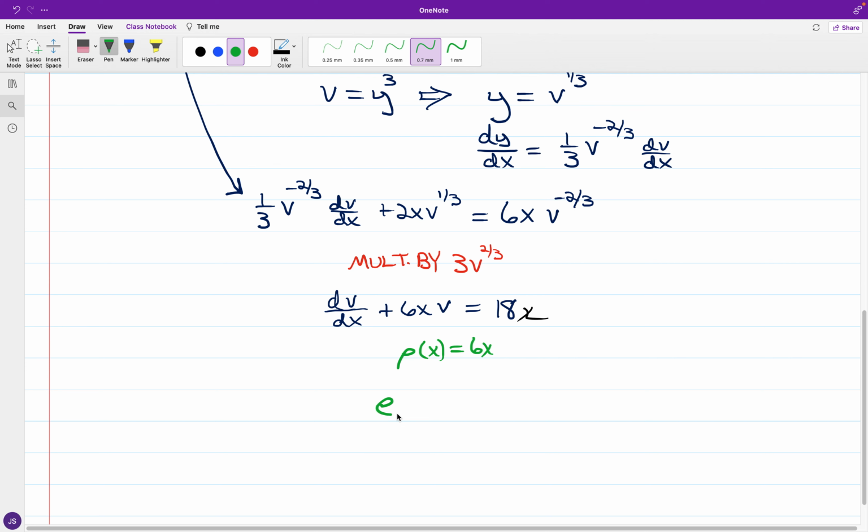For the integrating factor, looking at e to the integral of p of x dx, you have e to the integral of 6x dx, so you have e to the 3x squared.